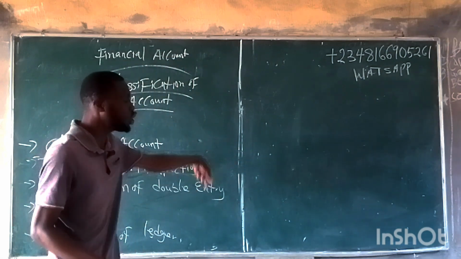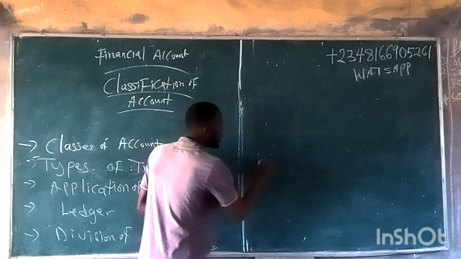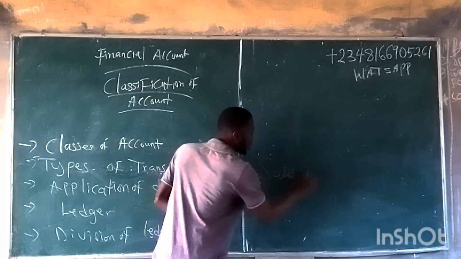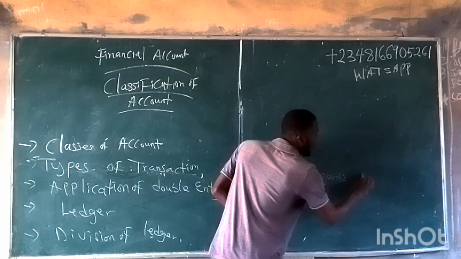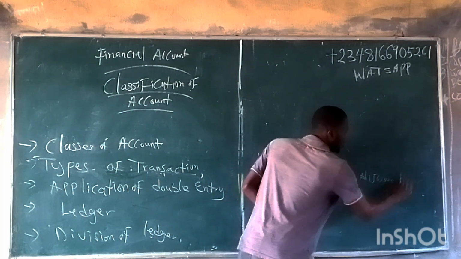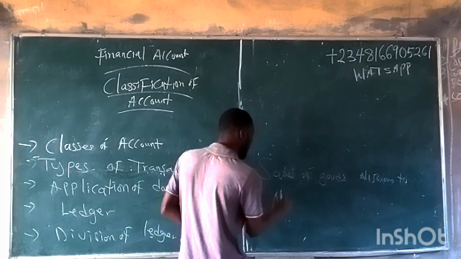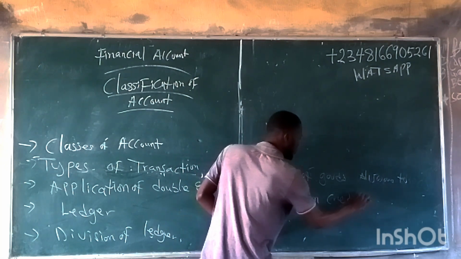Looking at this illustration, a transaction takes place: sales of goods, 150,000 naira, to NIPCO on credit.